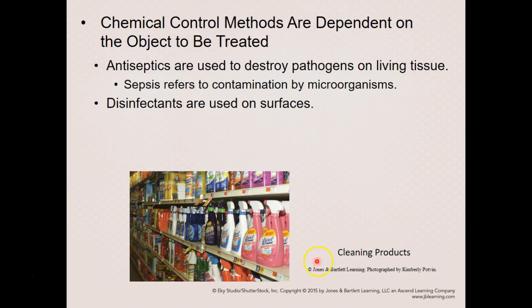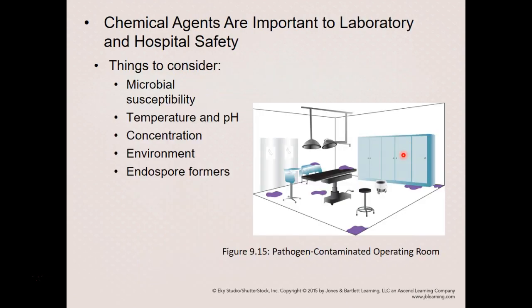Here we have an example of different cleaning products. These cleaning products we'd use on surfaces. We would not use them on living tissues. These are different factors that we consider when looking at what chemical to use. How susceptible would the microbe be to that chemical?